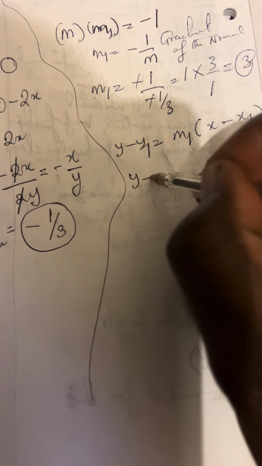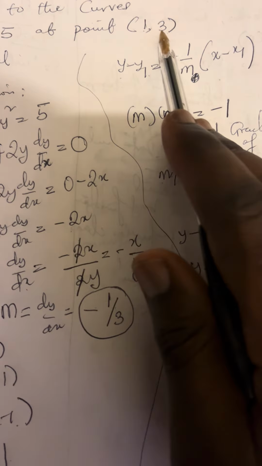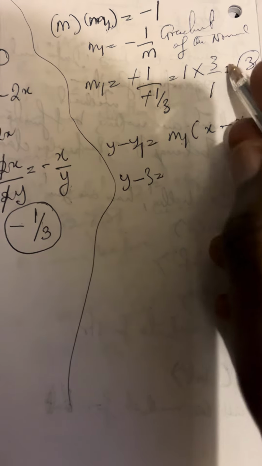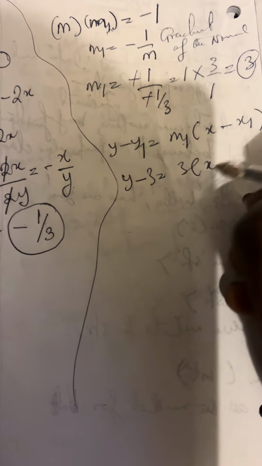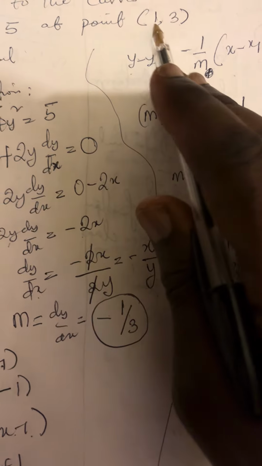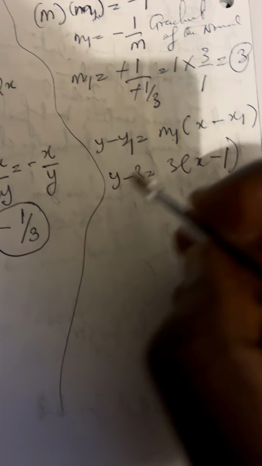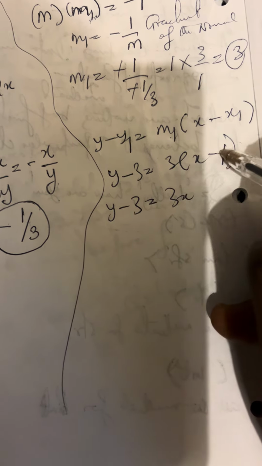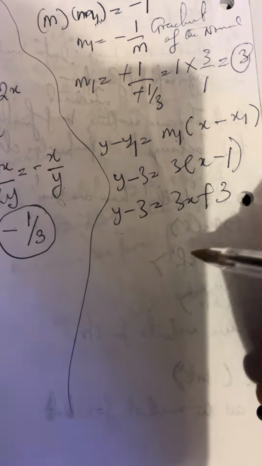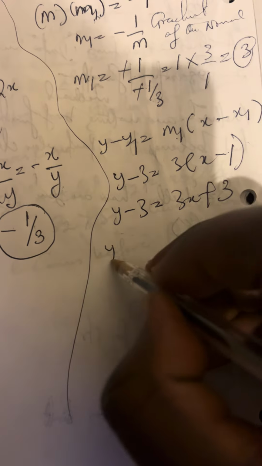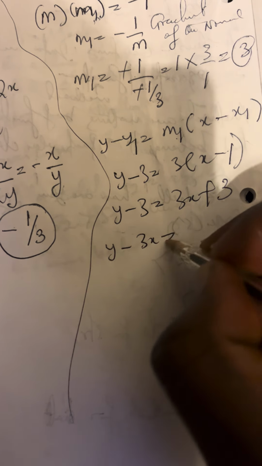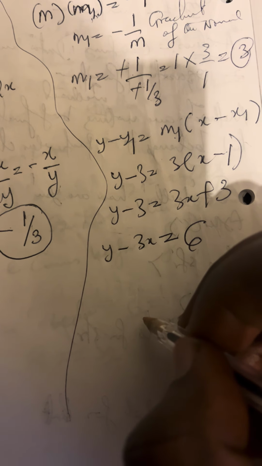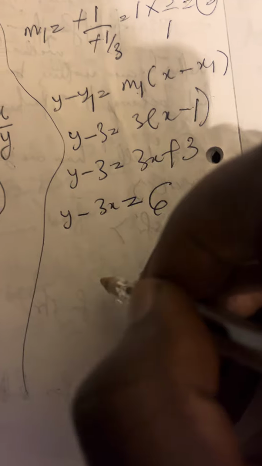So y minus y1, which is y minus 3, equals m1, which is 3, bracket x minus x1, and our x1 is 1. So we solve. We have y minus 3 equals 3x minus 3.